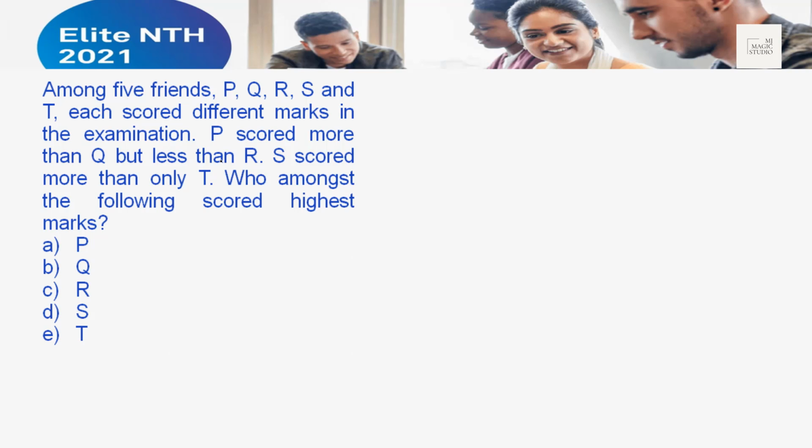Among 5 friends, P, Q, R, S, T, each scored different marks in the examination. P scored more than Q, P should be above Q, but less than R. So we have this from the first statement.